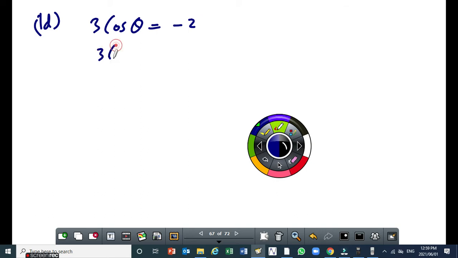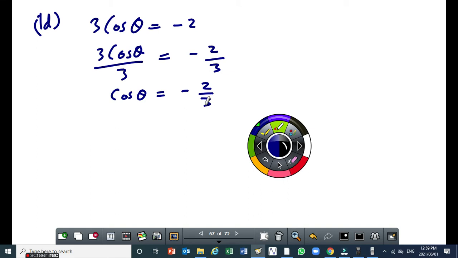So you get 3 cos theta all over 3 is equal to minus 2 over 3. And that will give you cos theta equal to negative 2 over 3. Alright? Then we are going to bring in now shift cos. So when you take the cos to the right, you get theta equal to shift cos of negative 2 over 3.